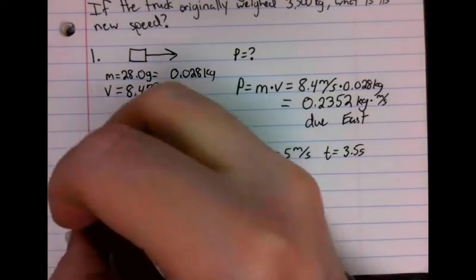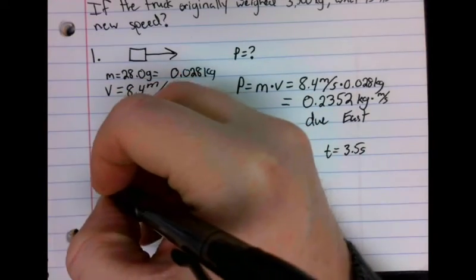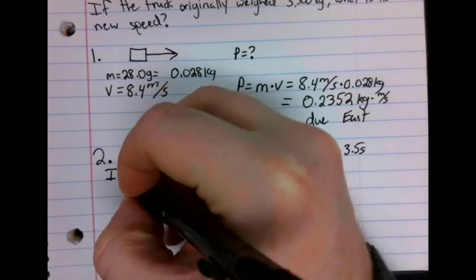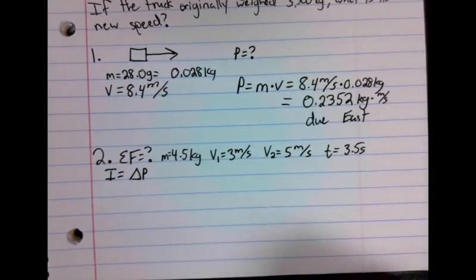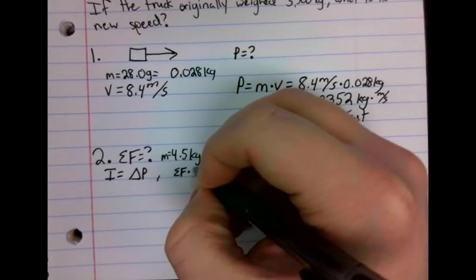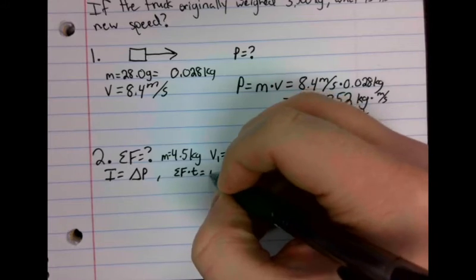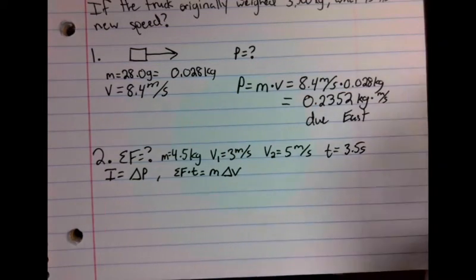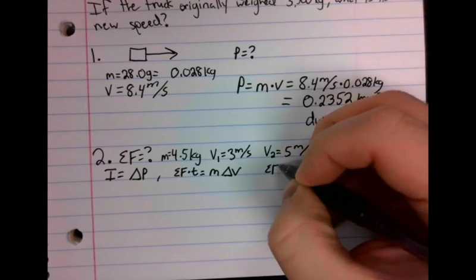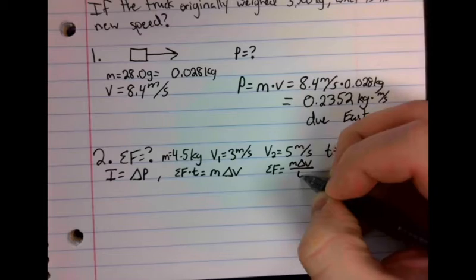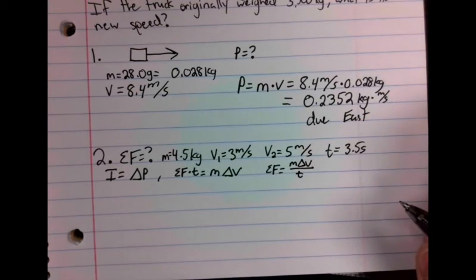So the important information here is that we know that our impulse is equal to our change in momentum, and because of that, we know the sum of our forces times time is equal to mass times change in velocity. Rearrange that to get force by itself. We get force is equal to mass times change in velocity over time.